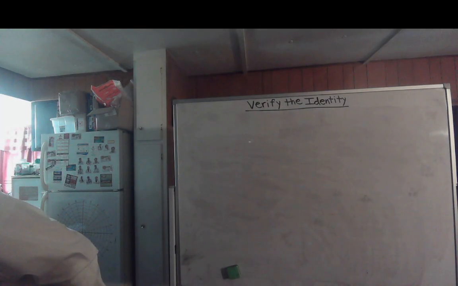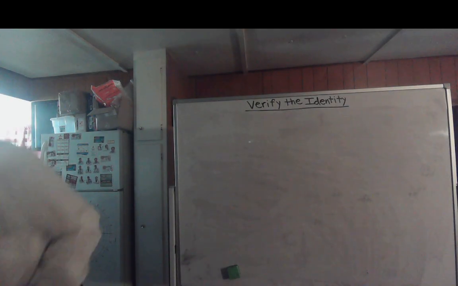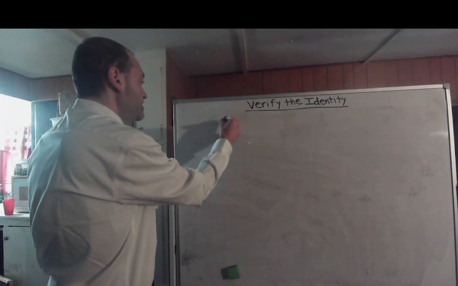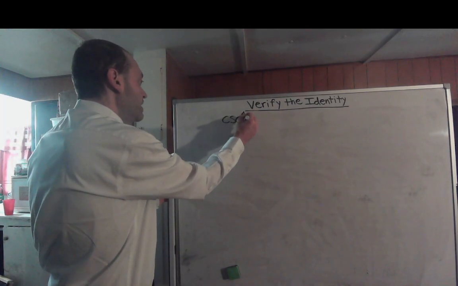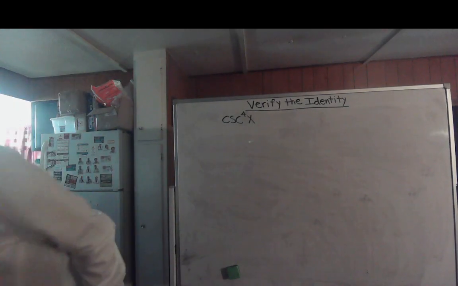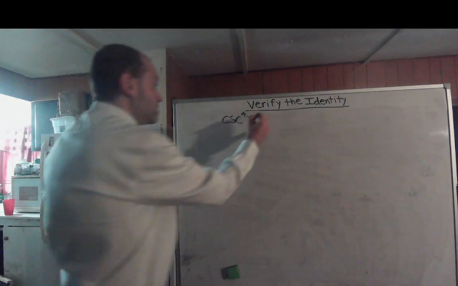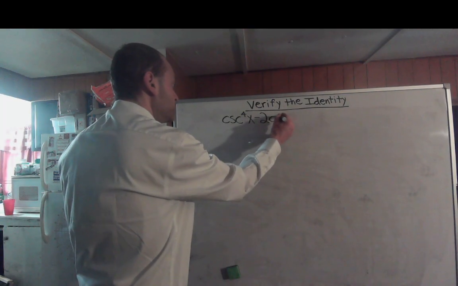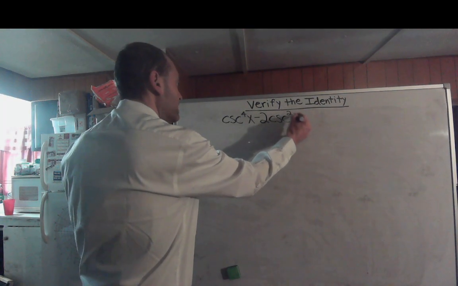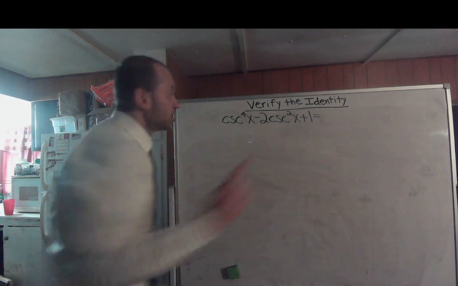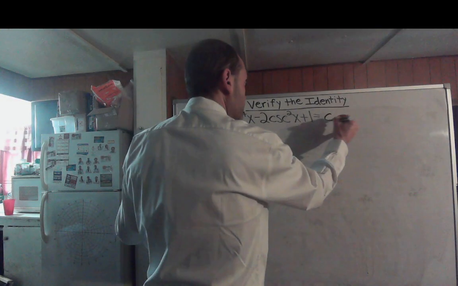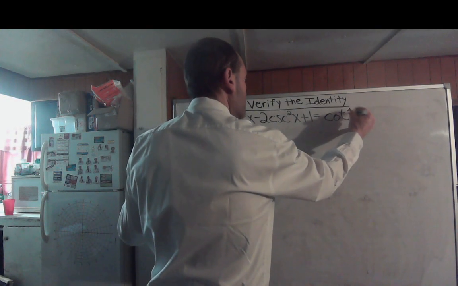Let's see, I have about 1, 2, 3, 4, 5, 6, 7, 8 more. So we have here that the cosecant to the fourth of x minus 2 cosecant squared of x plus 1 is going to be equal to the cotangent to the fourth of x.